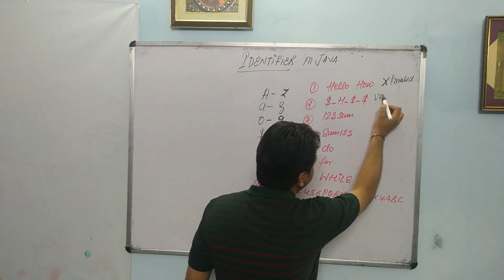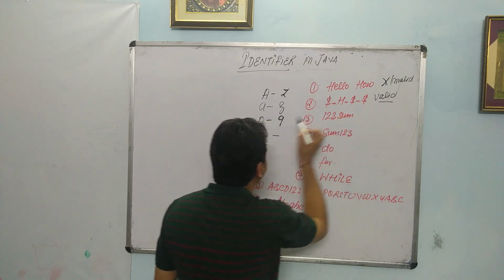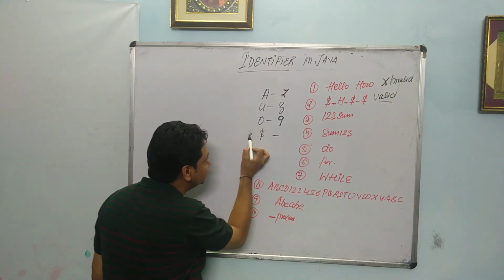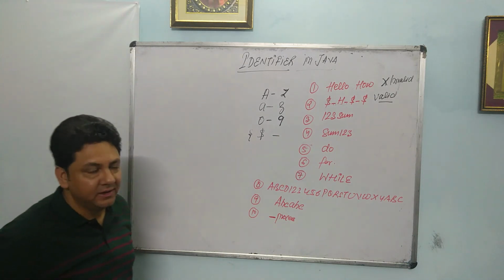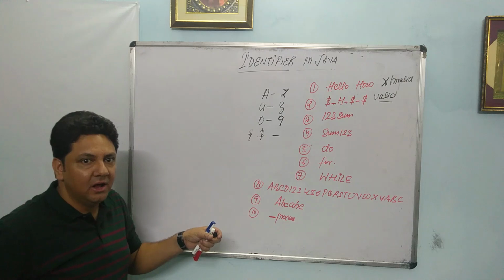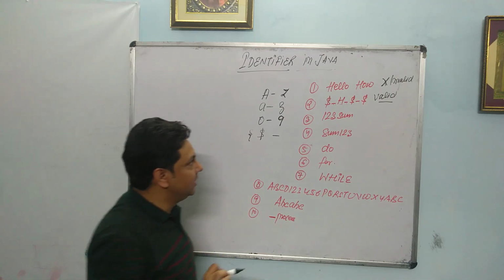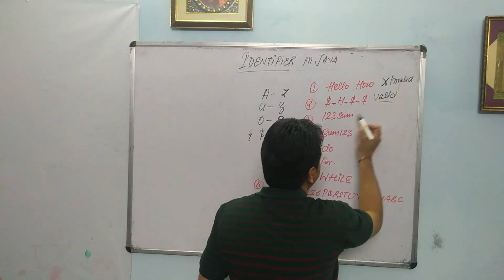It's absolutely valid, because dollar or underscore we can use as a special symbol. In which manner we are using it, either at the starting, in the middle or at the last, it doesn't matter. So it's absolutely valid.